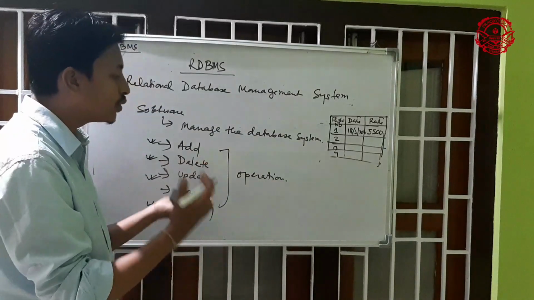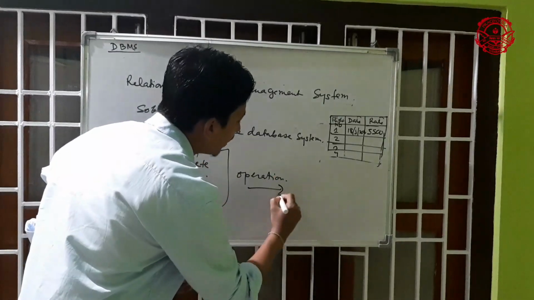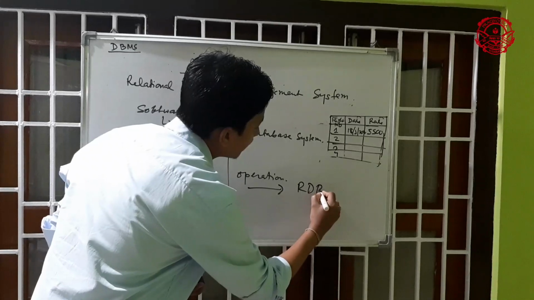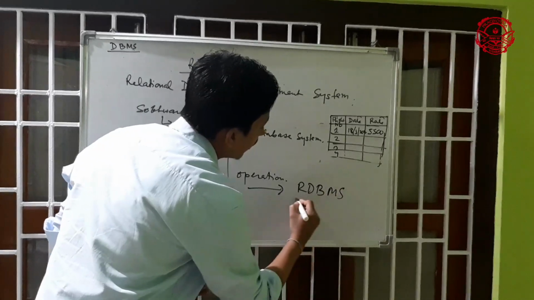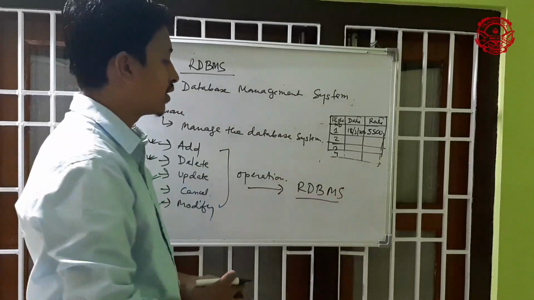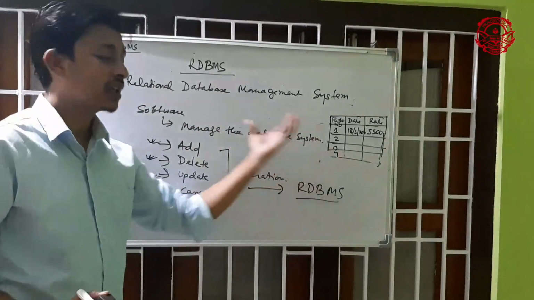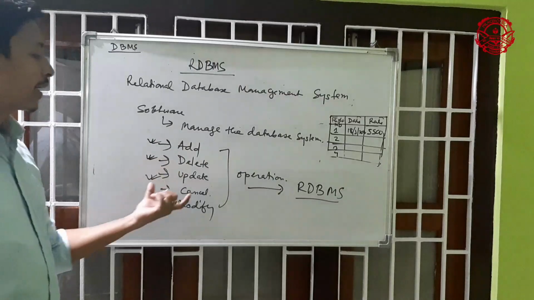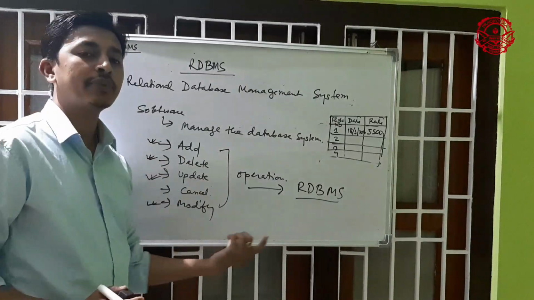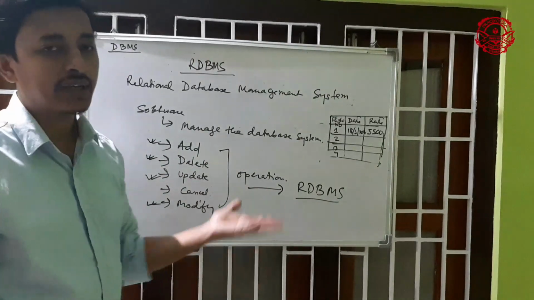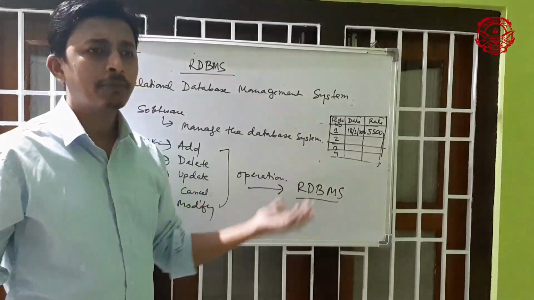So we can do these operations with the help of this RDBMS. So RDBMS is a software which is used to manage the database systems. Like we can add, delete, update, cancel, modify any operations. So it is very useful in a company.